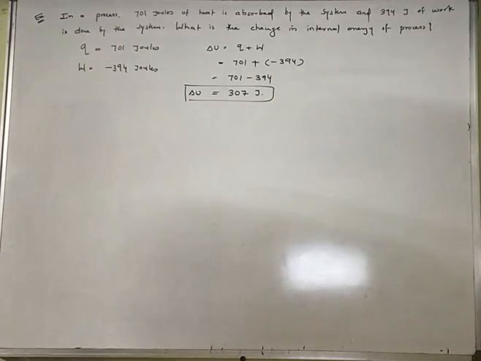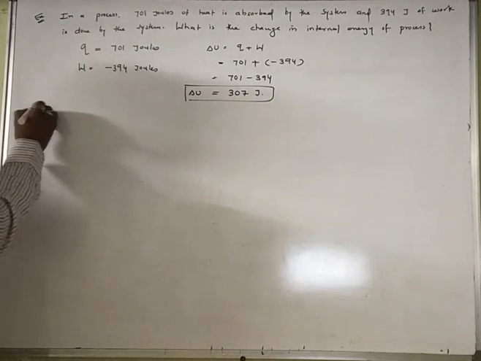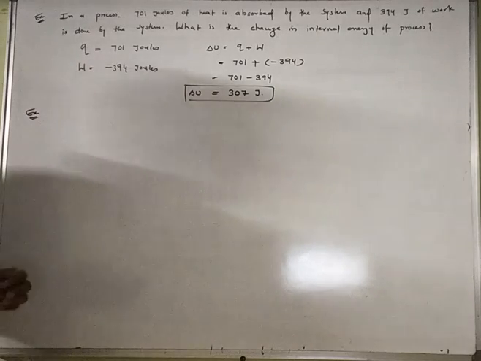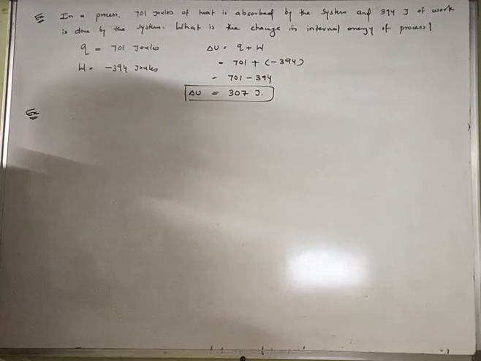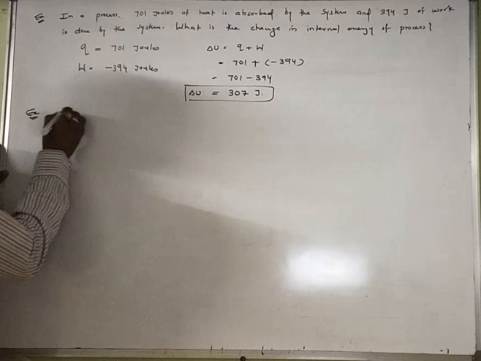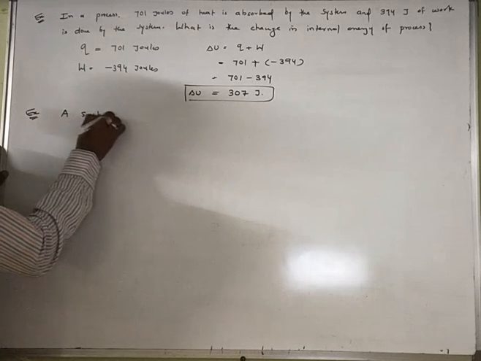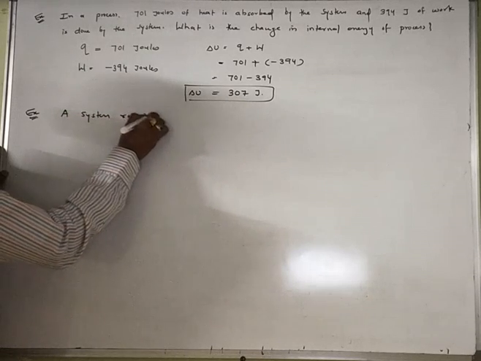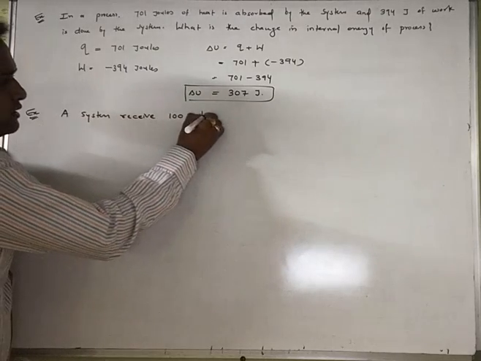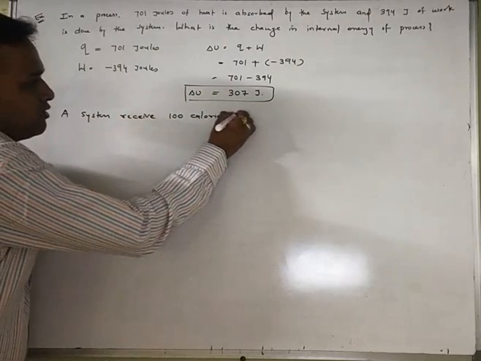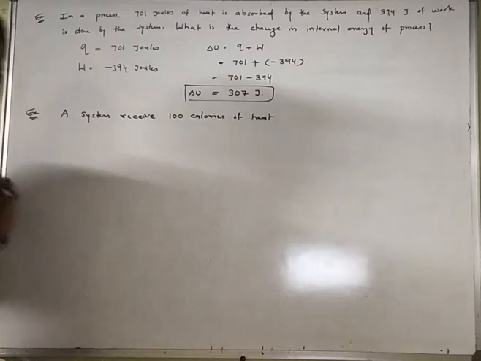Okay. Let us start the next question. Next example. Let's go. A system receives 100 calorie of heat.